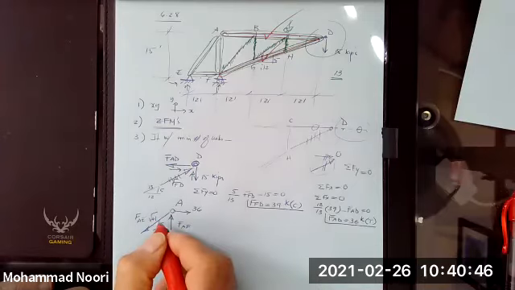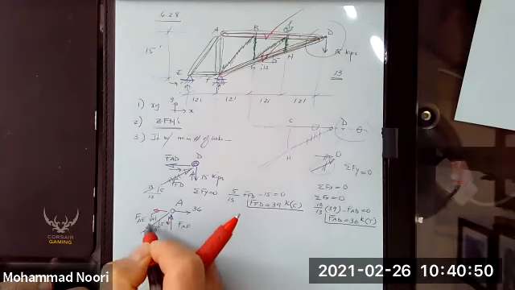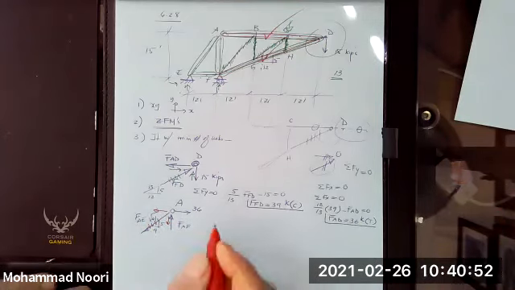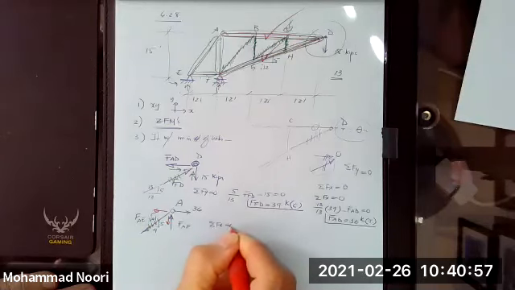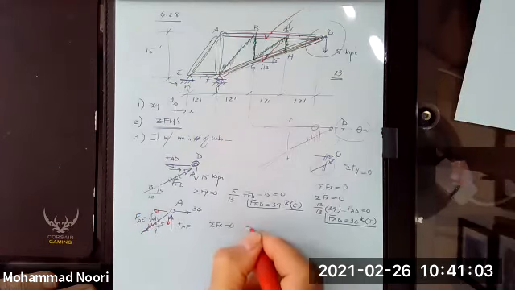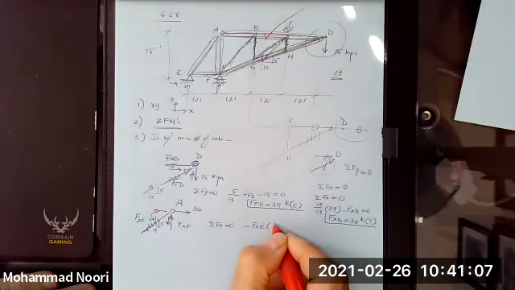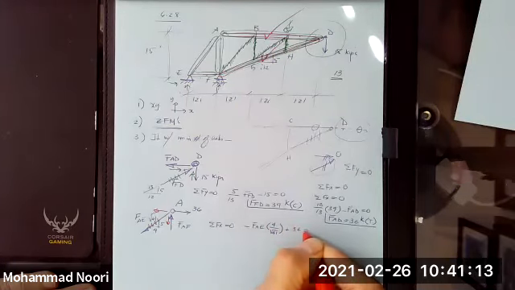So again, you obviously resolve this one into its components. I write summation of forces along X equal to 0 here, because that involves only one unknown. And that would be negative F AE times 4 over square root 41 plus 36 equal to 0.